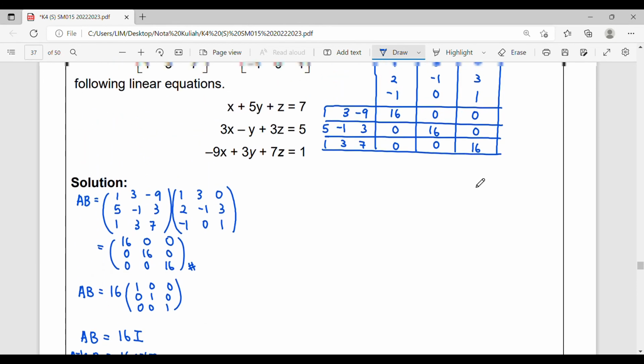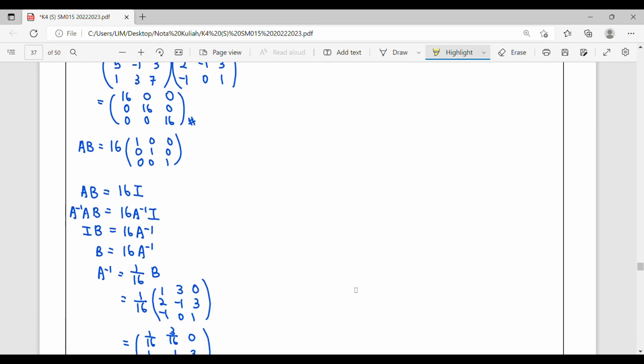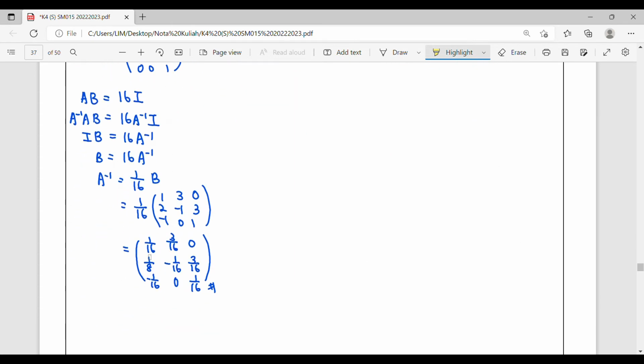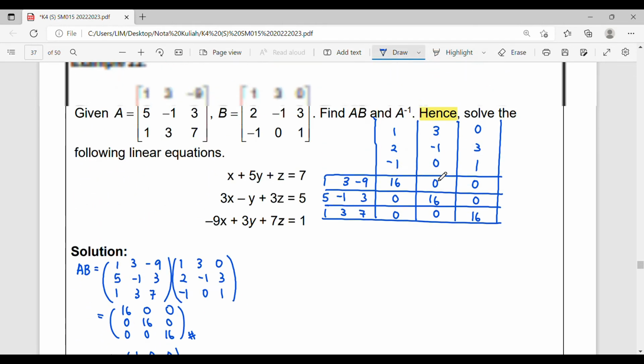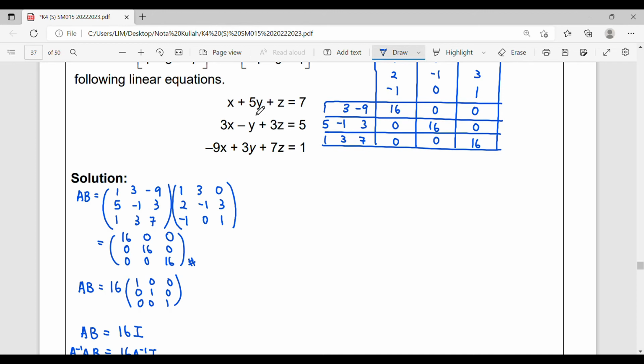Then the question said hence. Hence, we have to use our result. So the result that we obtained here will be our A inverse. We need to solve the following linear equation. In order to solve our linear equation, we have to change this equation into matrix form. So the matrix here will be the coefficients of x, y, z.